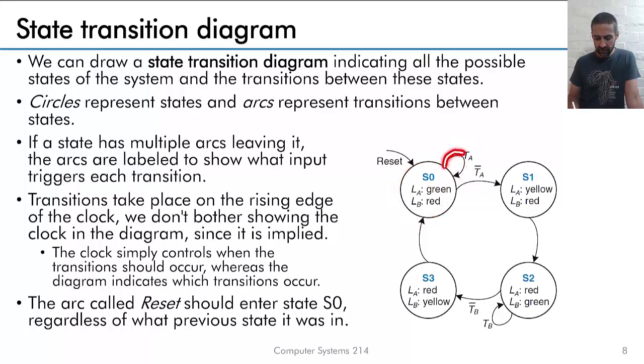I've seen people leave out the recursive arc here; if it's implied that it'll stay in the same state, you only have to show the ones that actually transition states. Anyway, this one here will transition regardless. So for one clock cycle, it'll stay in the state, and then it'll move on into the next state. And the next state is where LA is then red, LB is green, and we're in state 2.